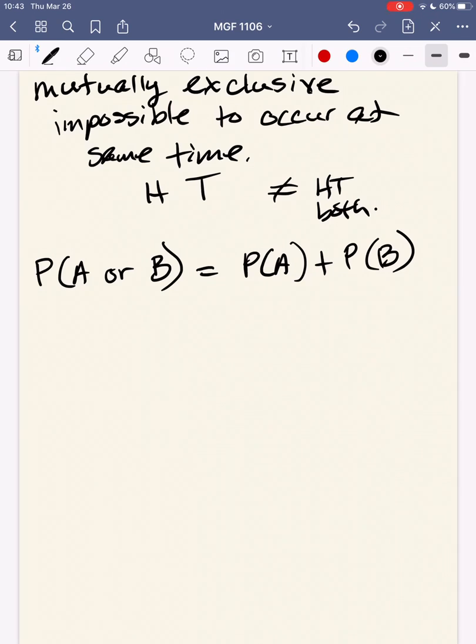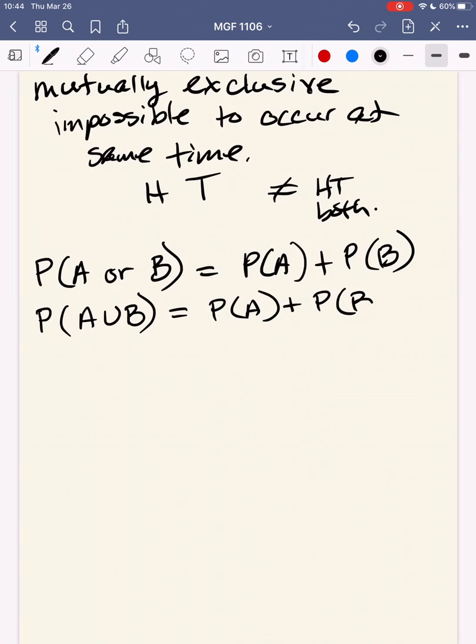So we can have either or, but we can't have both at the same time. You can also see it like this: A union B, remember this notation from previous chapters, is also equal to the probability of A plus the probability of B. So we have to look at these as separate things. They can't occur at the same time. We can't flip heads and tails at the same time.